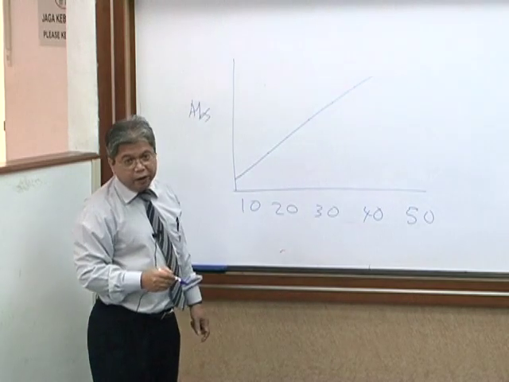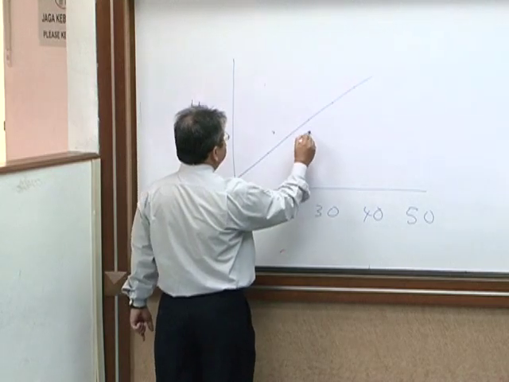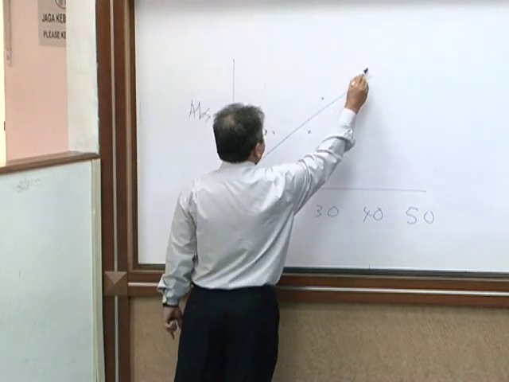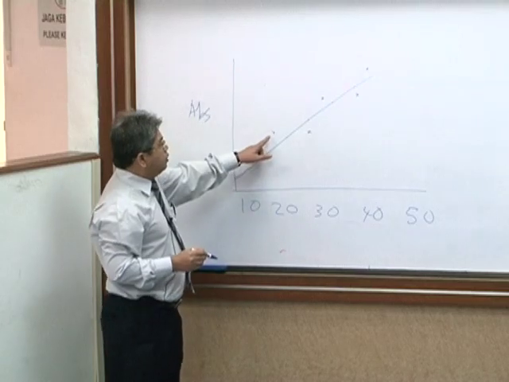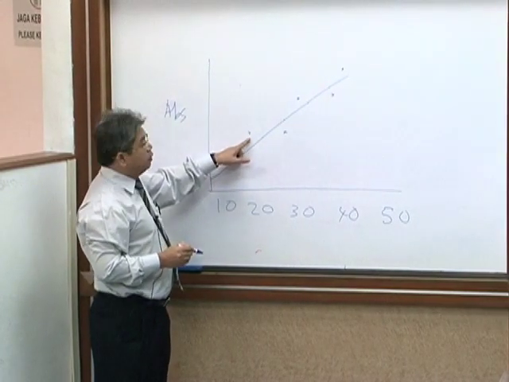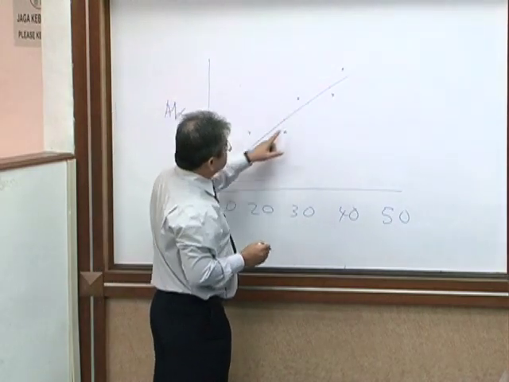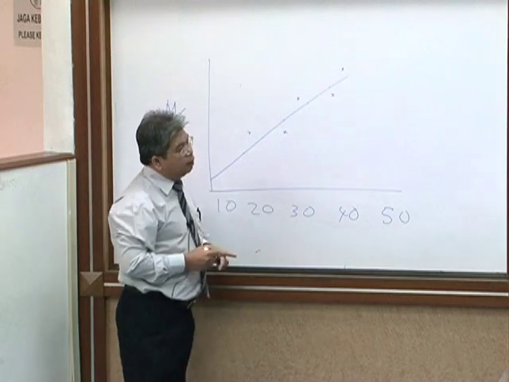These are Y hat, whereas the observed value of Y is from the experimental value. This is the observed value of Y, and Y hat are the values of Y exactly on the line.